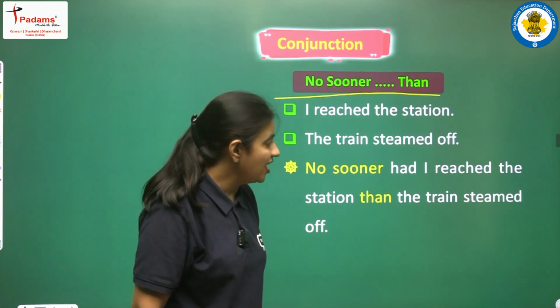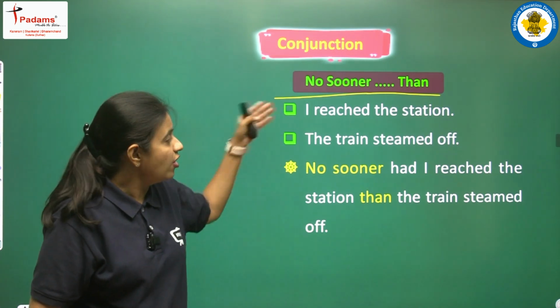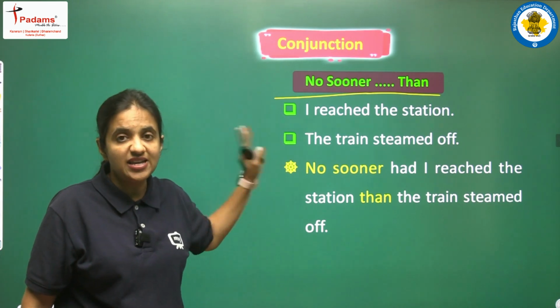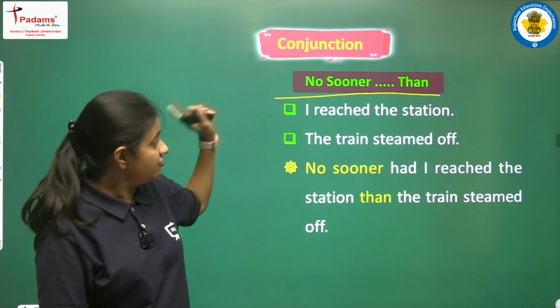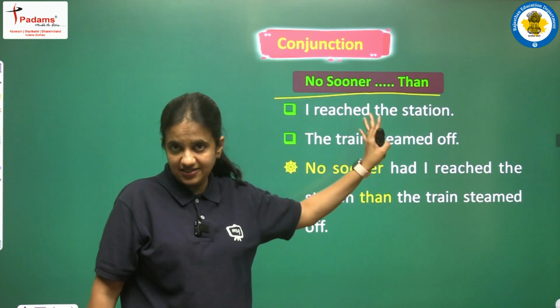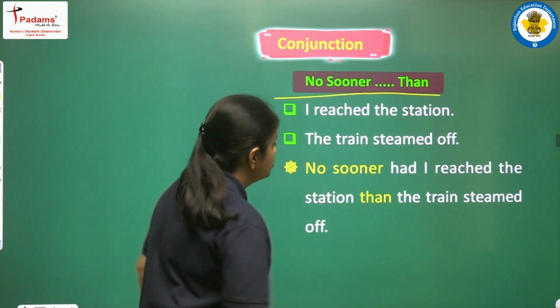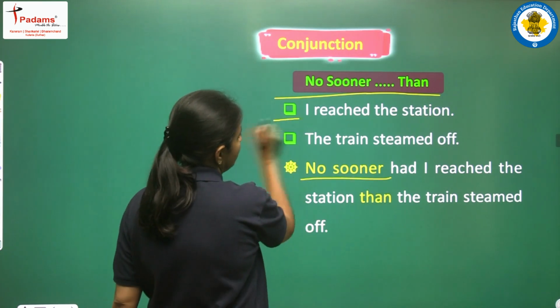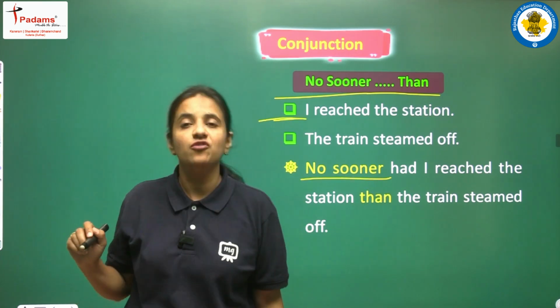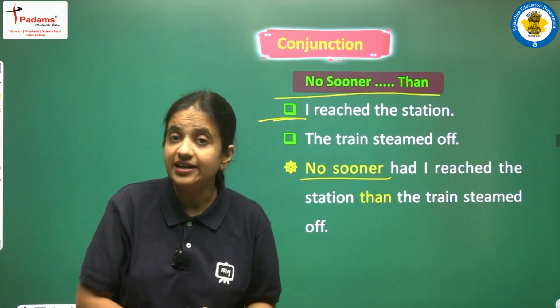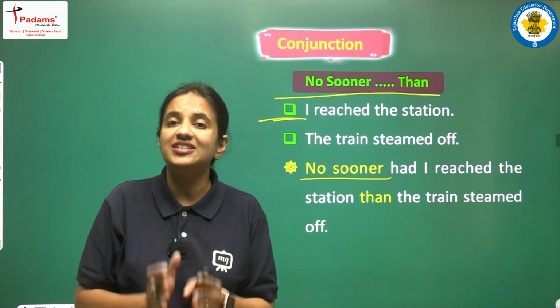First of all, again we have to understand what was the action that actually happened first. The first action was that I reached the station, and the second action is that the train steamed off. So we are using no sooner in the beginning of the first action, or we can say in the beginning of the sentence in which we are having the first action.